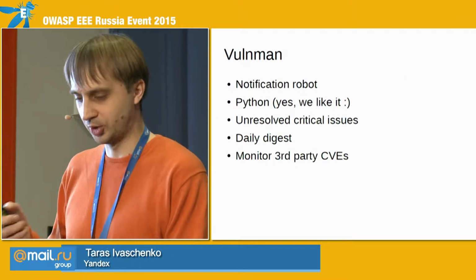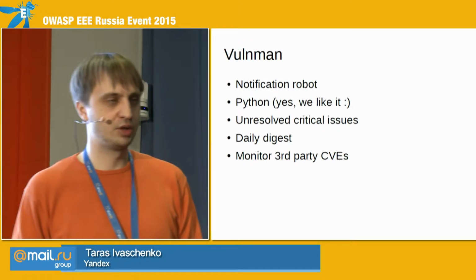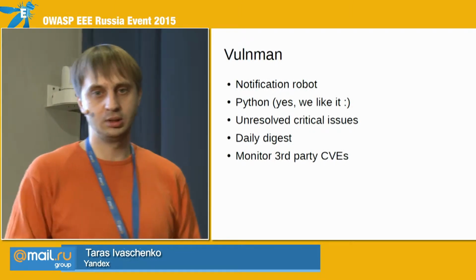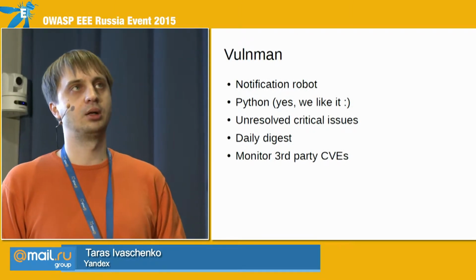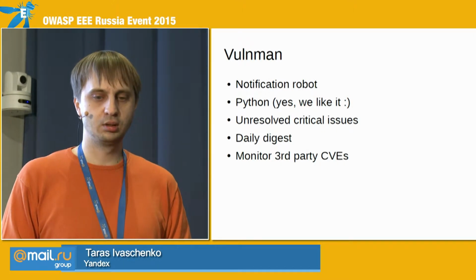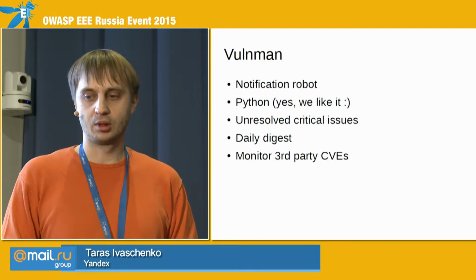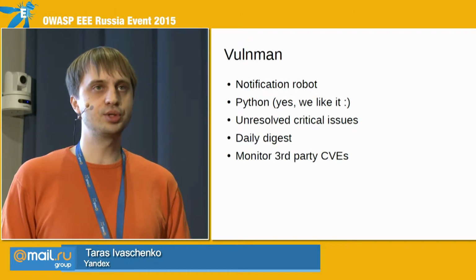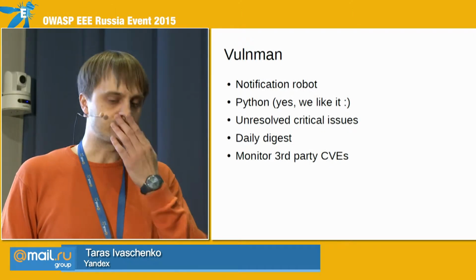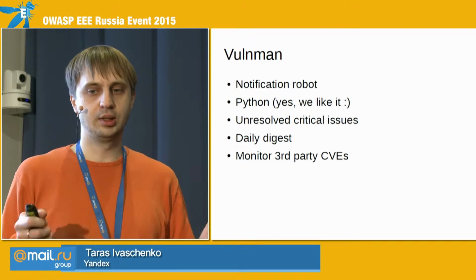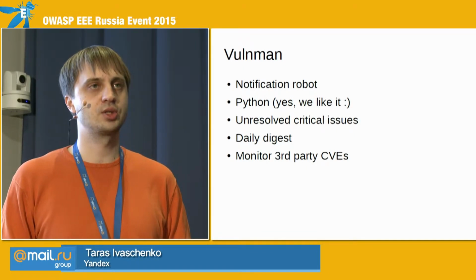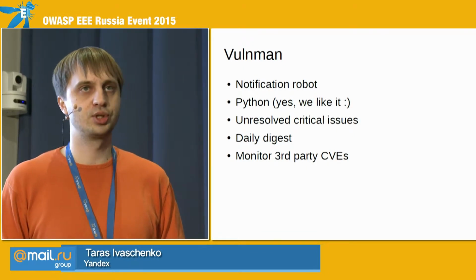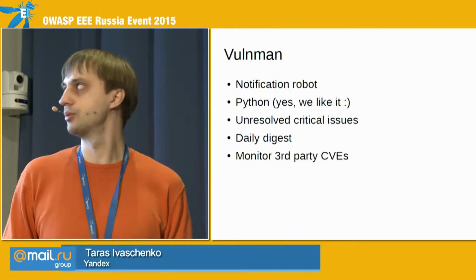It's another robot. It's a notification robot, and it helps us to know about unresolved critical issues, and daily sends us some kind of digest about the security situation in our products.